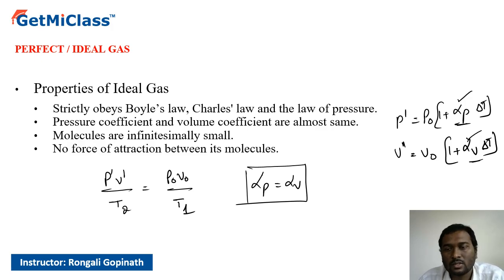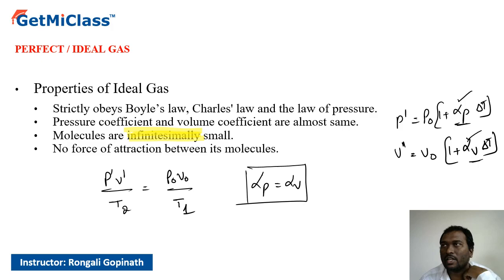The third point is molecules are infinitesimally small. What is this infinitesimal? You might have learned this in many scenarios. Infinitesimal means extremely small. You cannot define how small they are, right? They are extremely small atoms. And the fourth point is there should not be any force of attraction between its molecules.